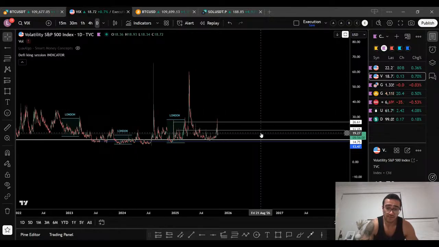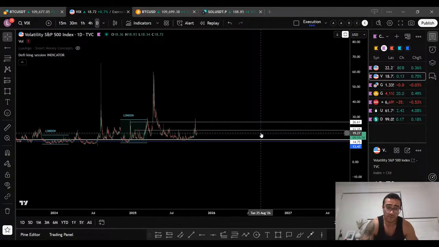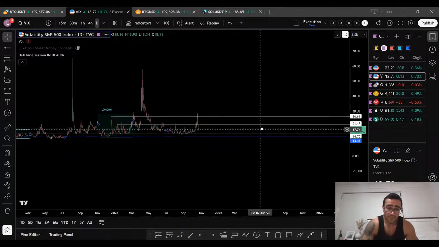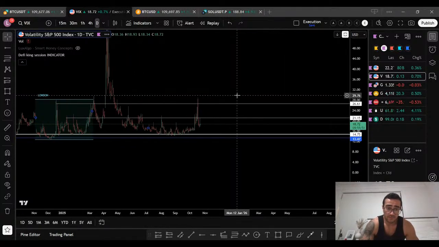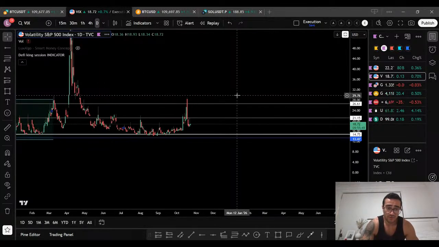We've had a big spike up. That spike up is also staying in a bit of an accumulation phase right here.